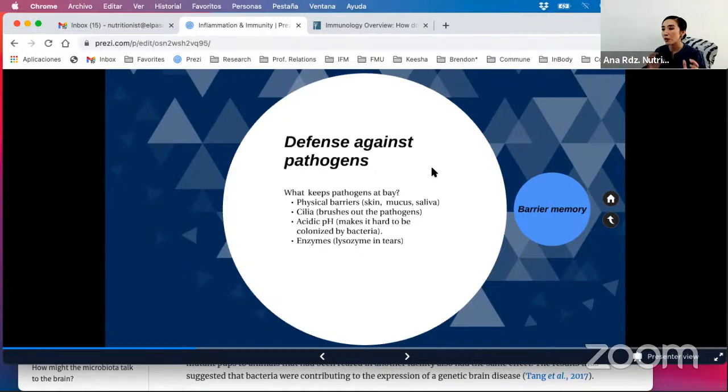And one thing about mucosa is that it's going to be the place where our microbiome is present. So I would like to make that association right there. The mucosal system, the skin and the saliva, are going to be filled with microbes.